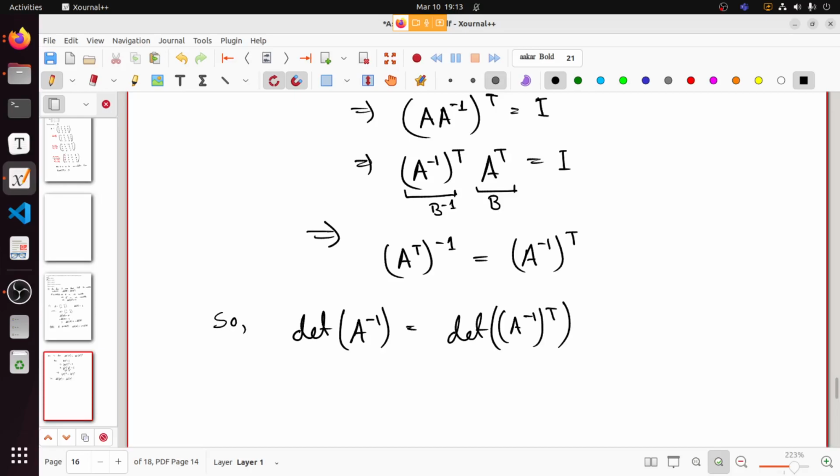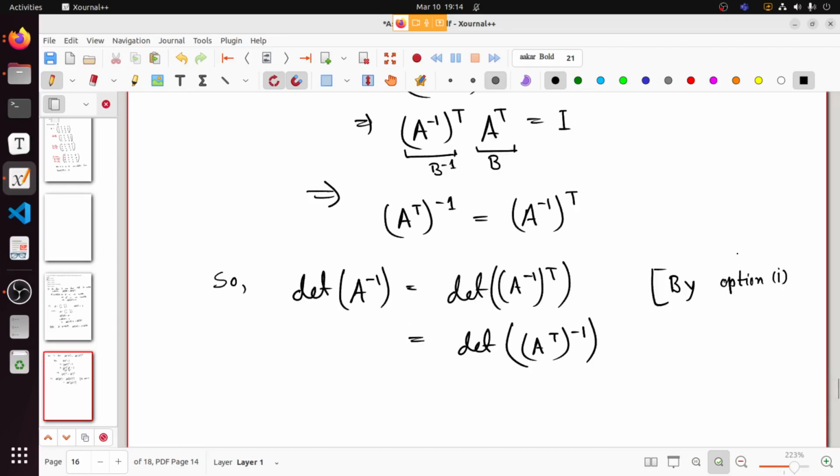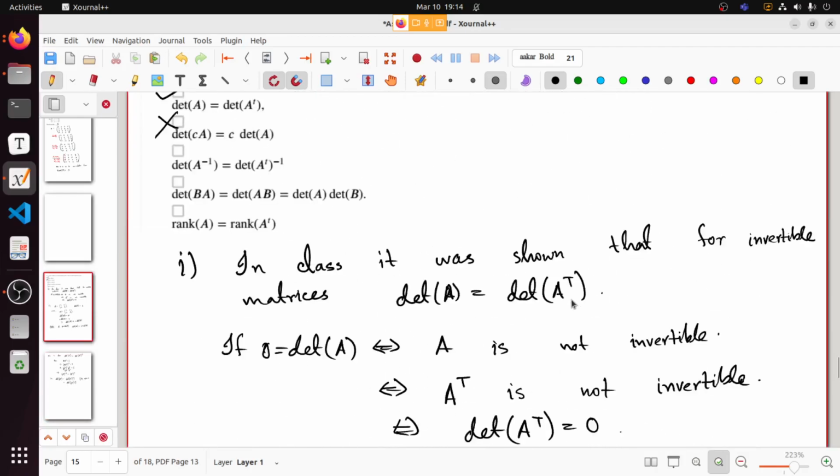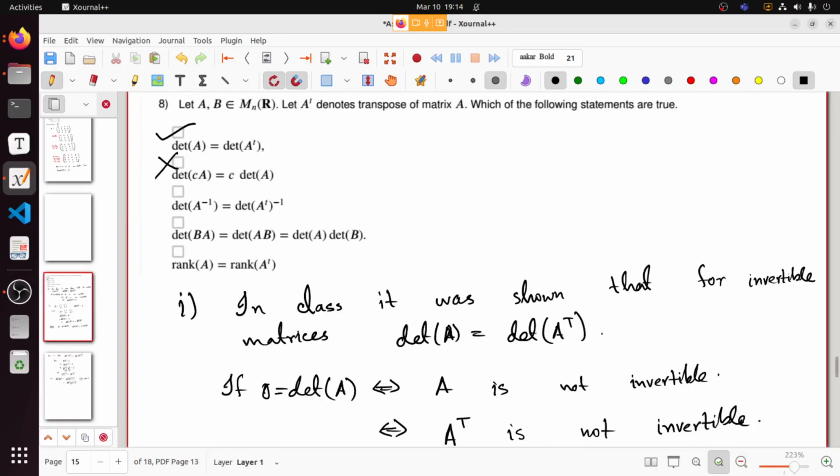By option 1, this is the same as determinant of A transpose inverse. So determinant of A inverse is determinant of A transpose inverse. So option number 3 is correct: determinant of A inverse equals determinant of A transpose inverse.